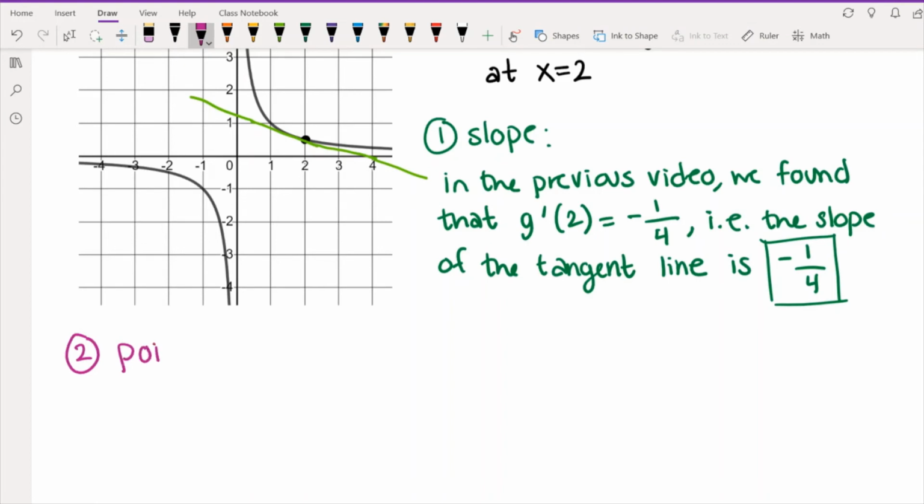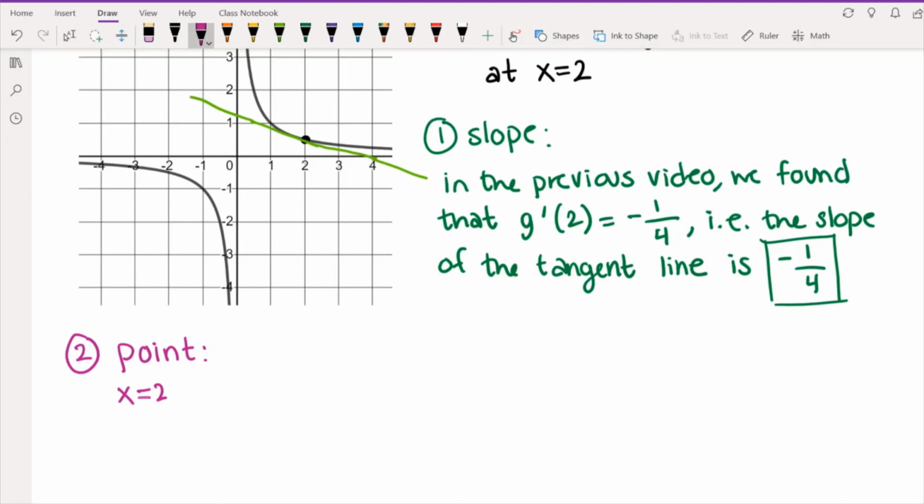So what is the point going to be? Well, we already know that x is equal to 2, right? We know that that is the x coordinate of the point we're looking at. And maybe let me just say something explicitly that I didn't say earlier. The key fact here is that the point we're working with lies on the tangent line, but it also lies on the function, right?